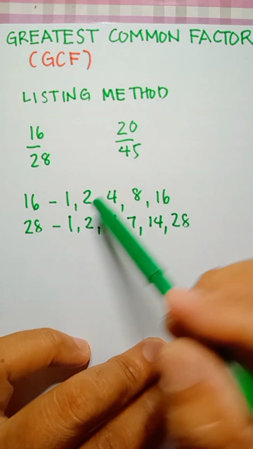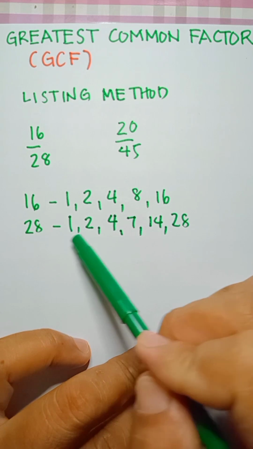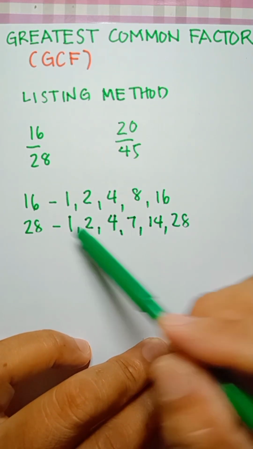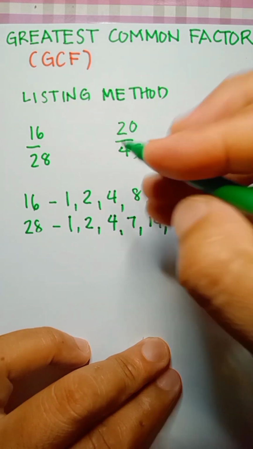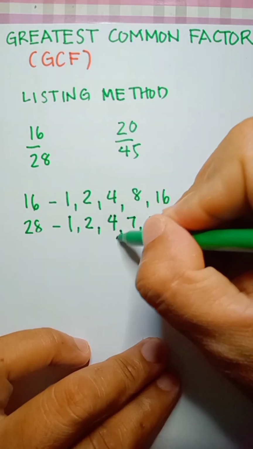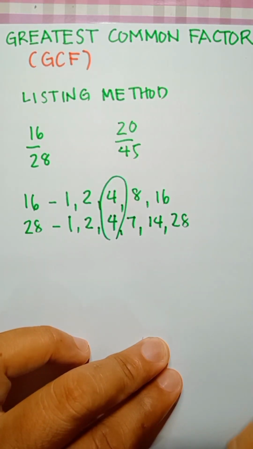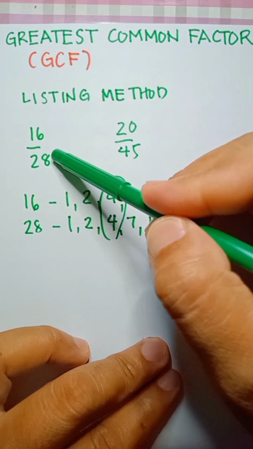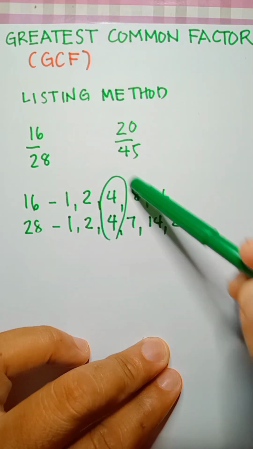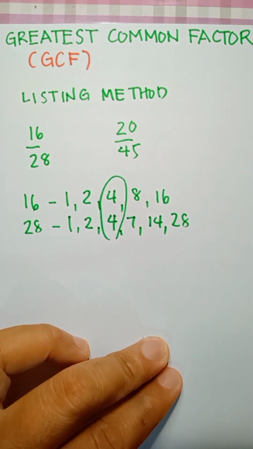So notice that these numbers here, 1, 2, and 4, are the common factors of 16 and 28, right? But the greatest common factor of 16 and 28 is this number 4, right? So in order to simplify this fraction, 16 over 28, we'll use this GCF 4 as the divisor, okay?